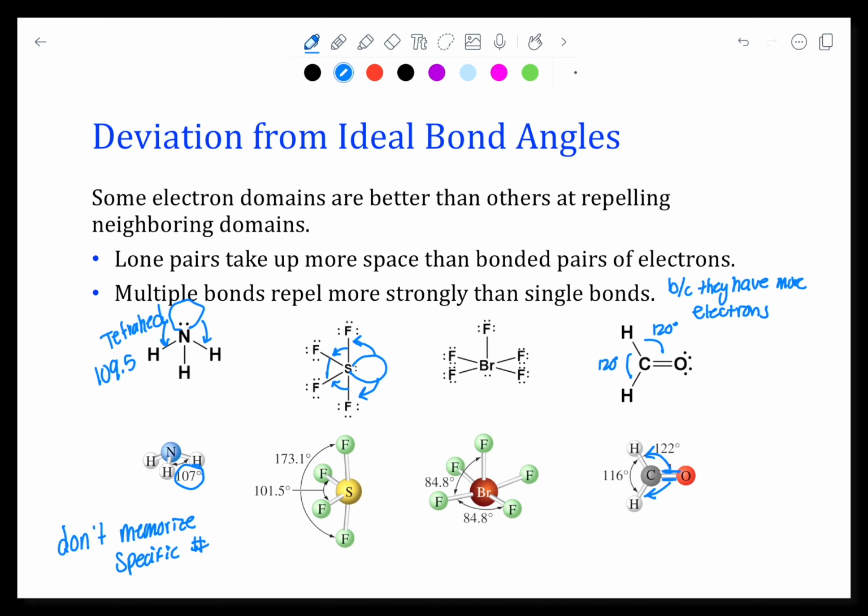This is now 116. So the bond angle between the hydrogens becomes smaller because the angle between the oxygen and the hydrogen becomes larger. They're repelling it more. So we just have to remember that because of those repulsions, those angles are changing.